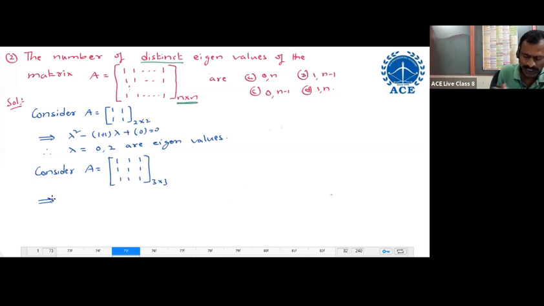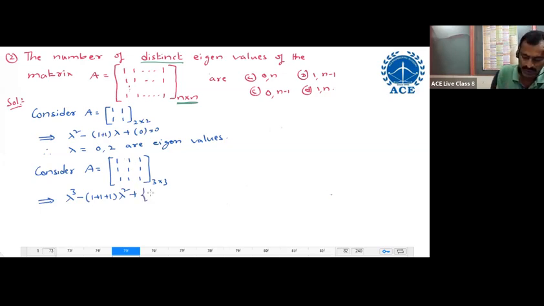Now to write the eigenvalues, directly we cannot say like the previous 2 by 2 matrix. We should write the characteristic equation. Already we know the formula of the characteristic equation of a 3 by 3 matrix: lambda cube minus trace (1 plus 1 plus 1) into lambda square plus sum of the 3 second order determinants.